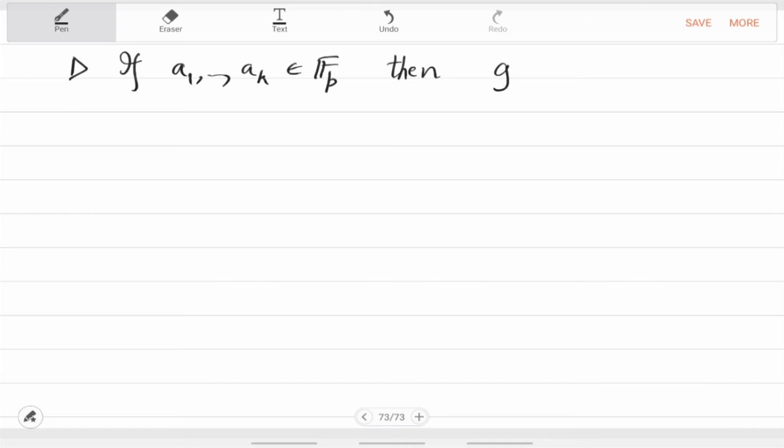So I want to make it specific. What can you say about g to the p? I just want this property. For these a_i's as coordinates in the tuple, what can you say about g to the p? It is the same as g, right? So that's a very useful property. That is what the Berlekamp algorithm is based on.